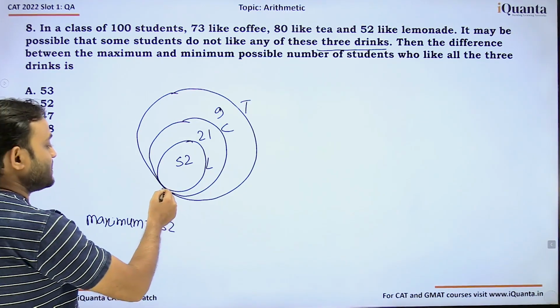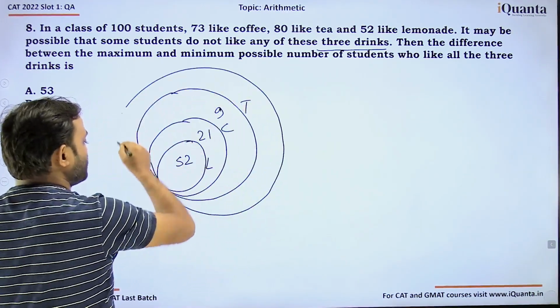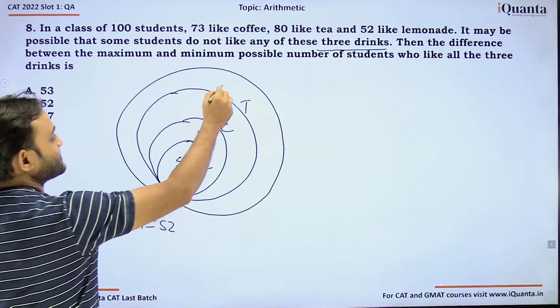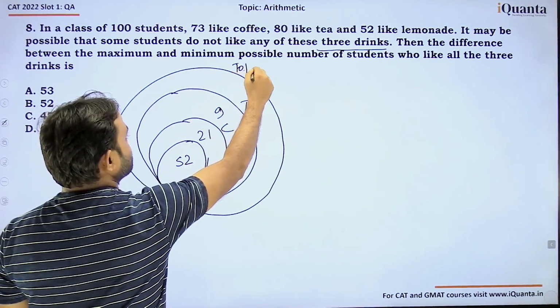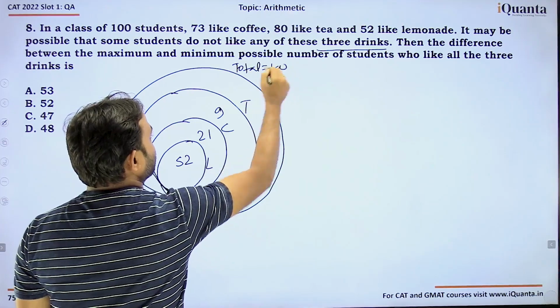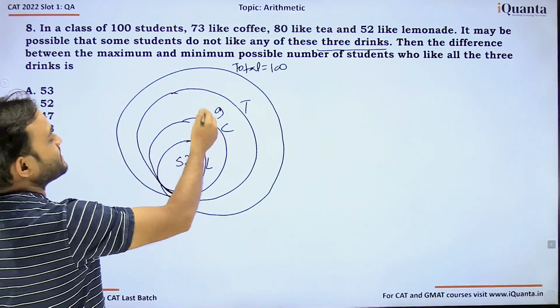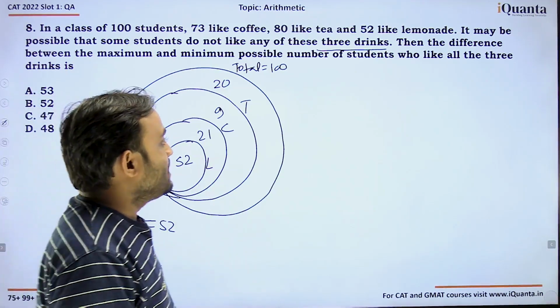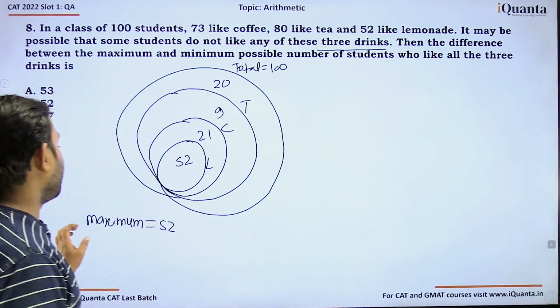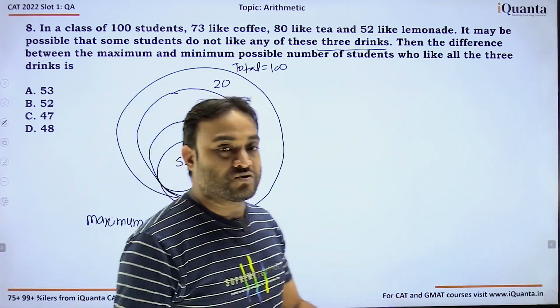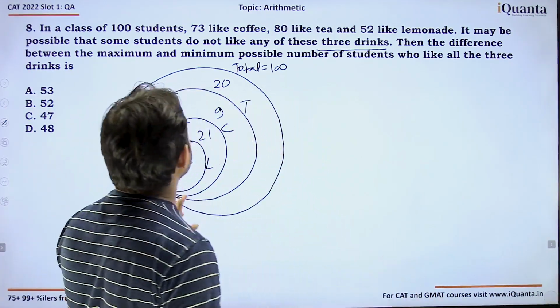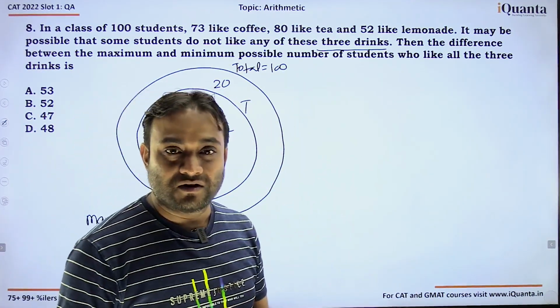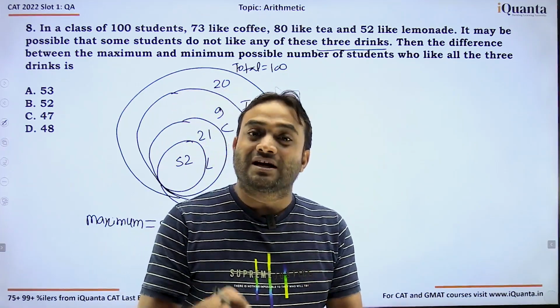Now we must remember, all of them belong to 100. This will be the total, which is equal to 100. Okay, so in that case, the number of people who like none of these would be 20. In the other case, when we try to find the minimum number of students who like all three drinks, let's think opposite.